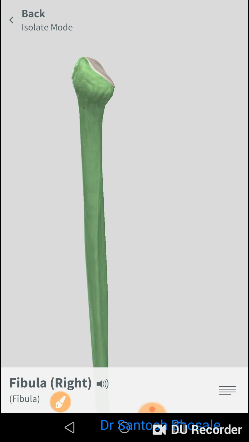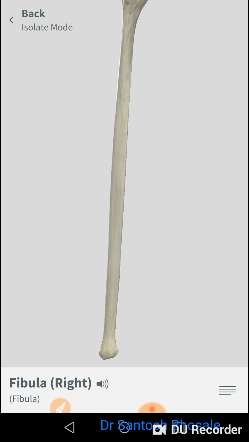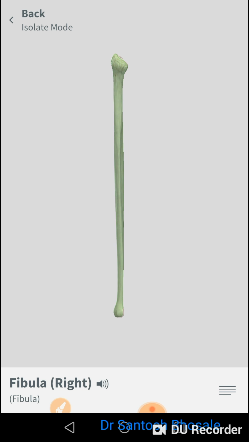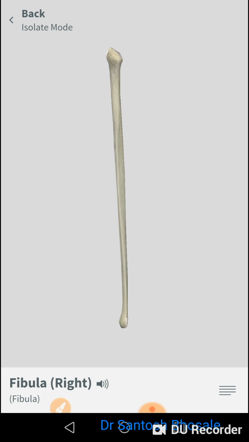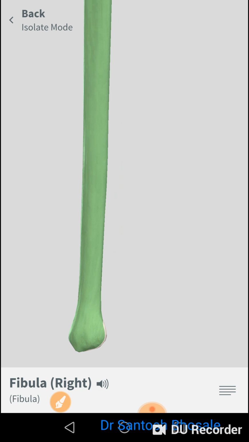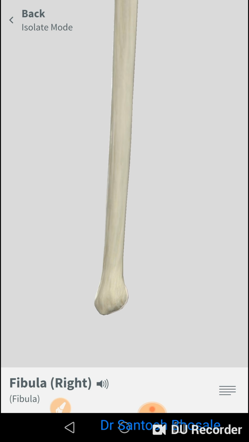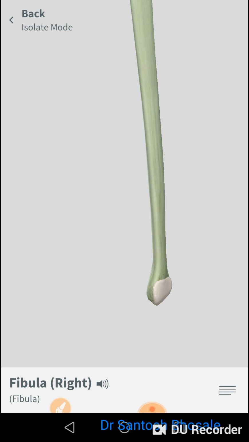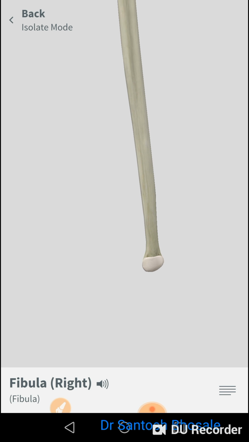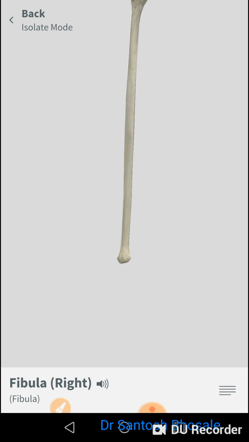Then come to the shaft. The shaft is roughly triangular and presents three borders that you can see here. This is the anterior border, which is sharp, and it expands in the lower half to a triangular area over the lateral surface of the lateral malleolus, whereas the medial border is here.